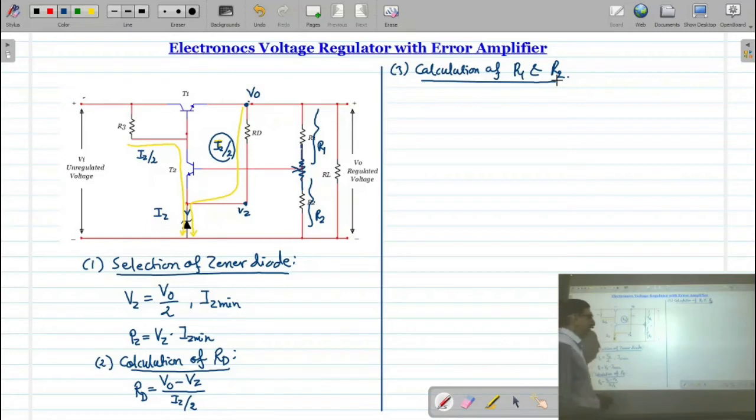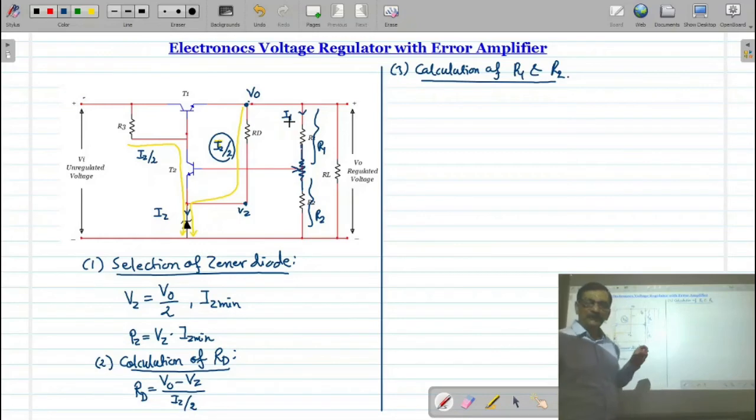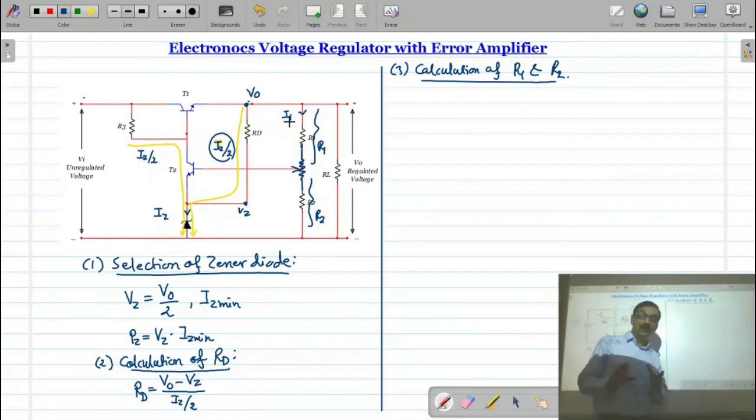Let us say the current in this resistance is I1. Now this I1 should not be very large. It should be very small, 5 milliampere, 10 milliampere or 2 milliampere, but it should not be 100 or 200 milliampere. So you assume the current.